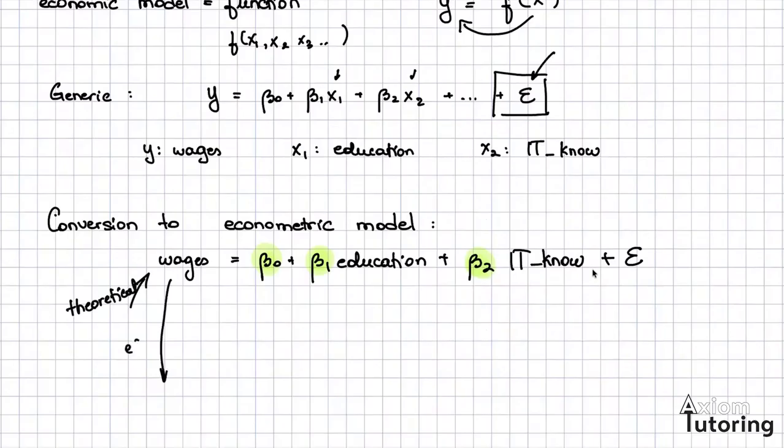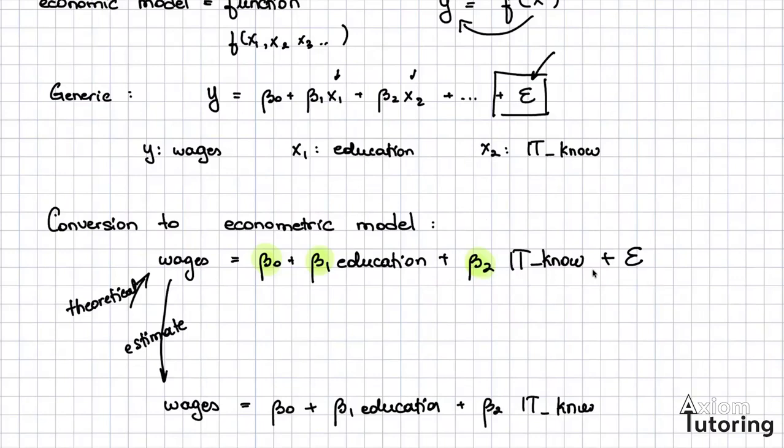However, the moment that you estimate this model with whatever method is available to you, then it's going to look slightly different. And I'm going to show you very quickly how. I'm going to put it in red so that you notice the first difference: the beta 0, beta 1, and beta 2 will have a hat on top.